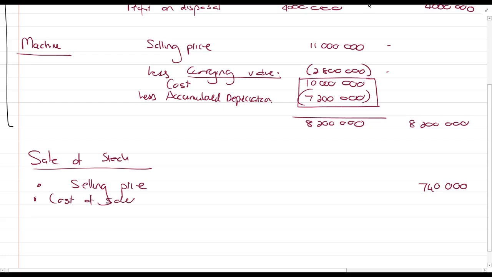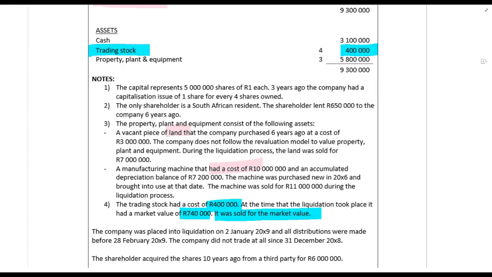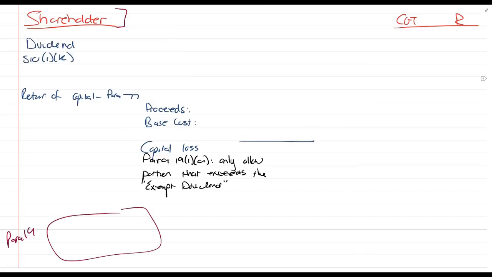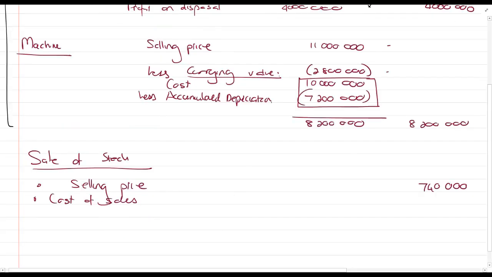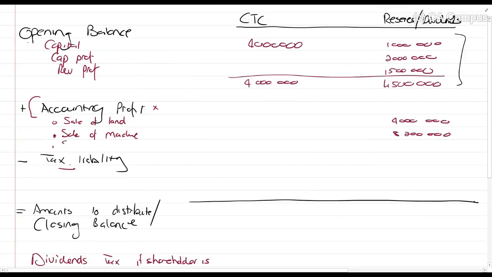Remember, this is now accounting. Our cost of sales is what? 400,000 rands. So that net effect there is 340,000. So in our calculation, sale of stock, 340,000. So everything there is the same.